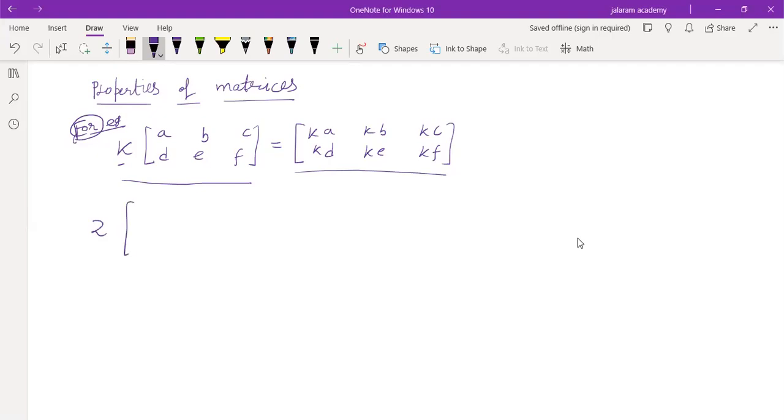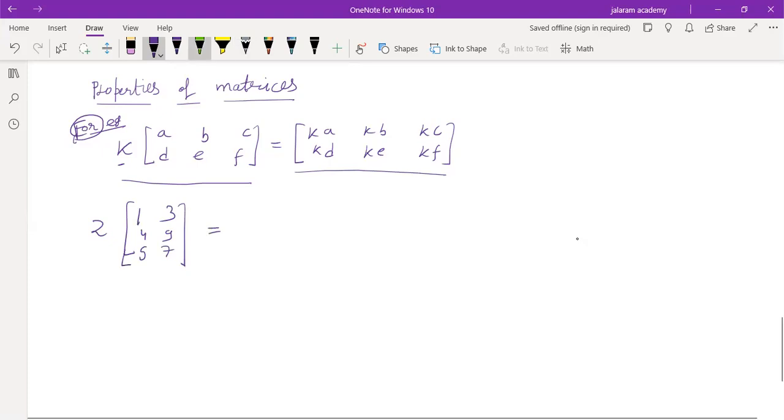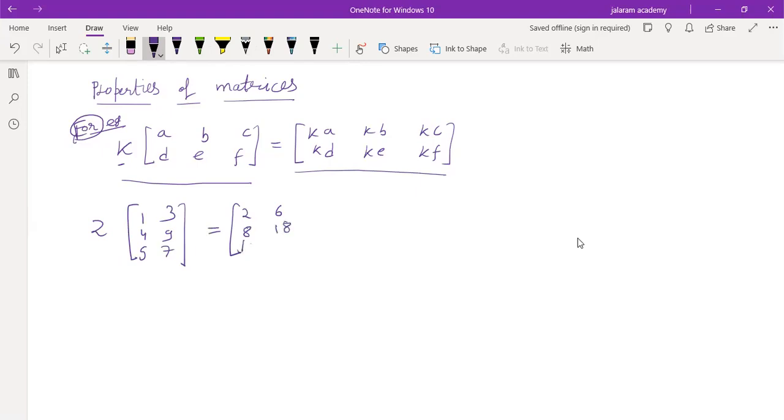If you multiply a matrix 1, 3, 4, 9, 5, 7, this is the matrix of order 3 cross 2, and if we multiply it by 2, all the elements will be multiplied by 2. 2 ones are 2, 2 3s are 6, 2 4s are 8, 2 9s are 18, 2 5s are 10, and 2 7s are 14. Is that clear to you?